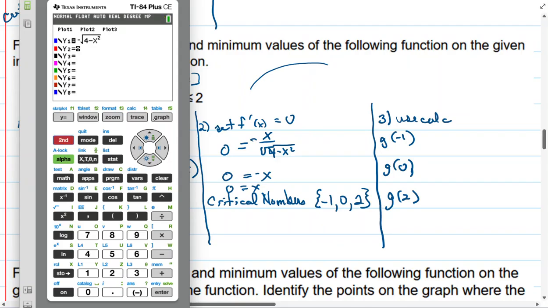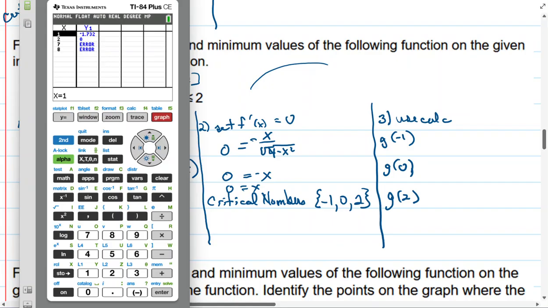So for my critical numbers, I'm doing a negative 1, a 0, and a 2. So this is a negative 1 and 732. It really is more than that because if I put it over there, it is an irrational number, but it's close enough for that.